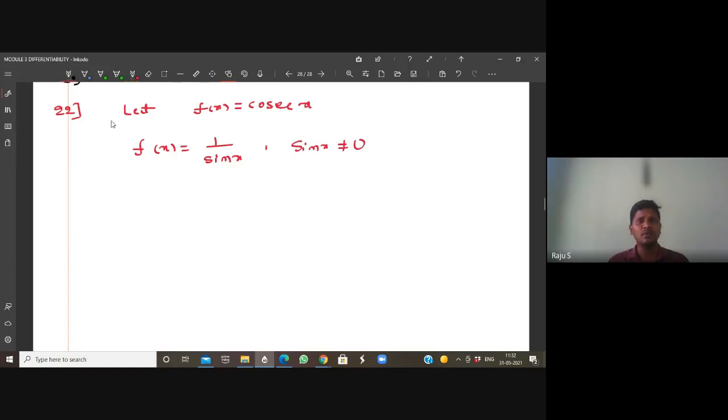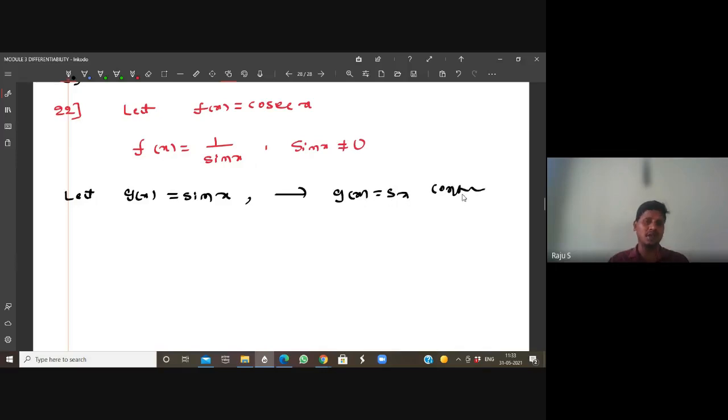So in this question, what to do? How can you show that cosecant x is continuous or not? First of all, here also same, you have to take g of x as sin x again. You have to prove that g of x is continuous, that is, sin x is continuous.